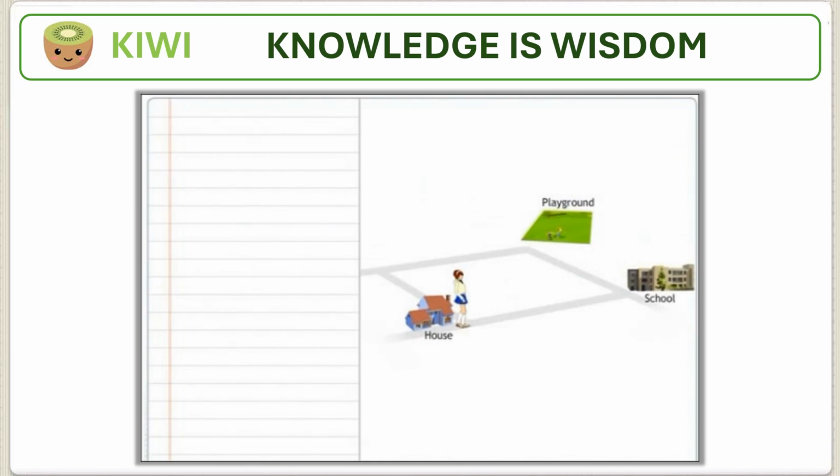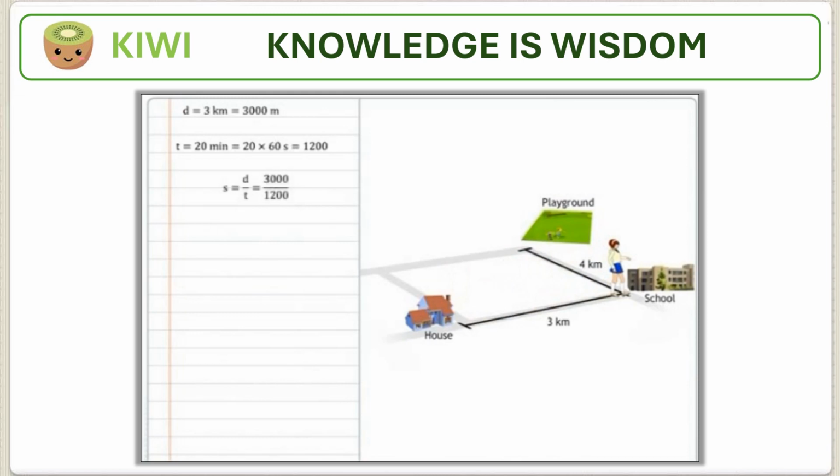In our previous example, Mary's school is 3 kilometers away from her home and the playground is 4 kilometers away from the school. If Mary walks to school from home in 20 minutes, her speed can be calculated as 3000 divided by 1200, which is 2.5 meters per second or 9 kilometers per hour.